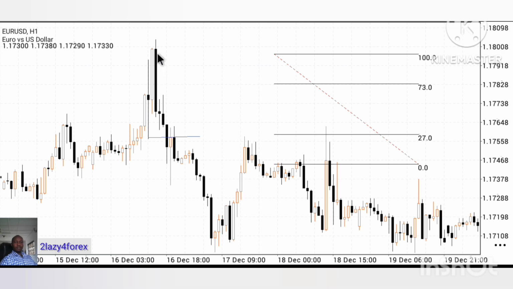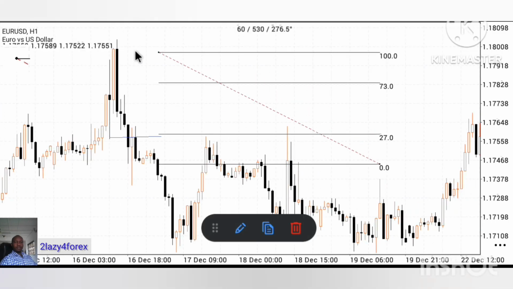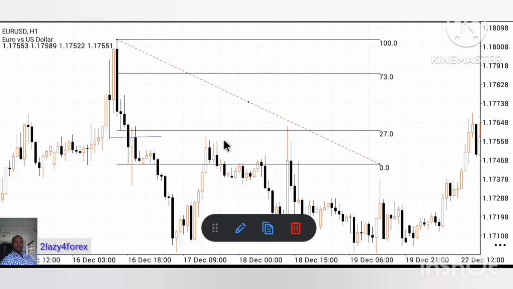For this example, the highest low, which is this candle, was broken. There's a lower low below it, so it's a pullback. So now I'll place my Fibonacci tool, don't forget. These are my settings: 0, 27.0, 73.0, 100.0.